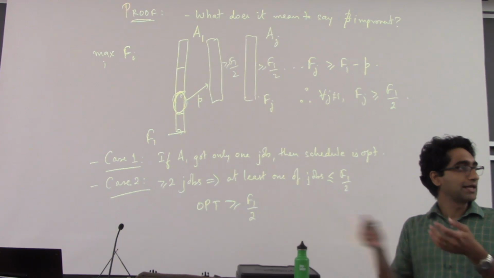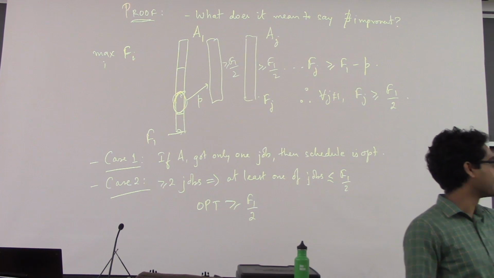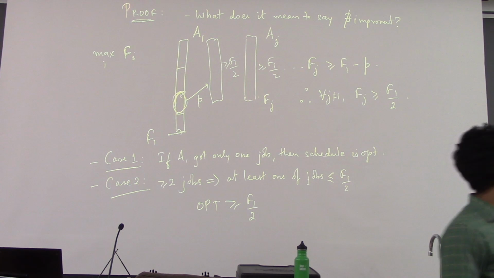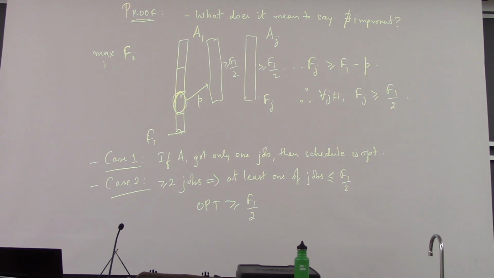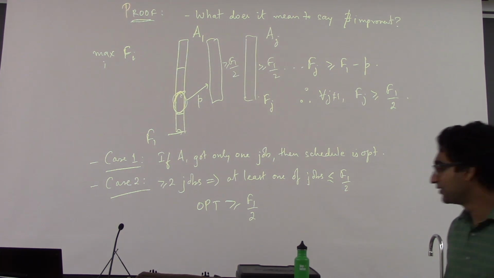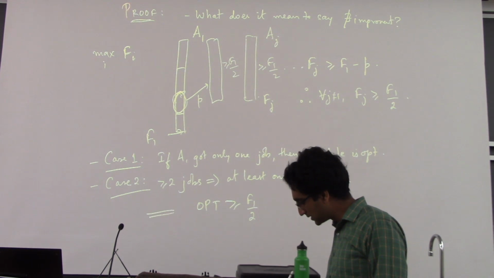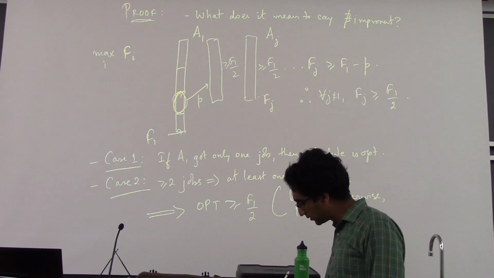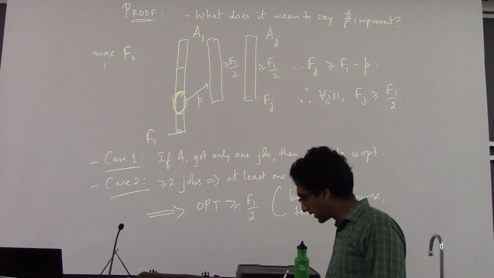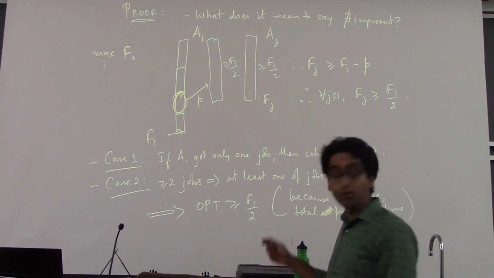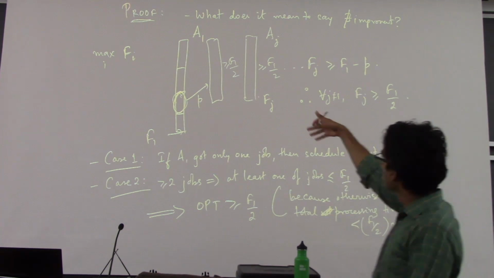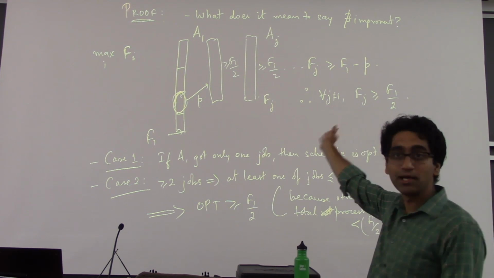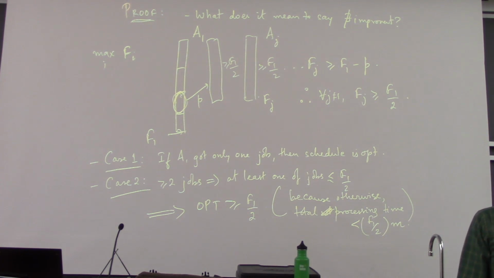There is no way there can be a schedule where every machine gets smaller than F1 by 2, because otherwise the total processing time would be less than F1 by 2 times m, and that's a contradiction, because by definition it's F1 by 2 times m minus 1 plus F1. So it's a little bit even better than that.